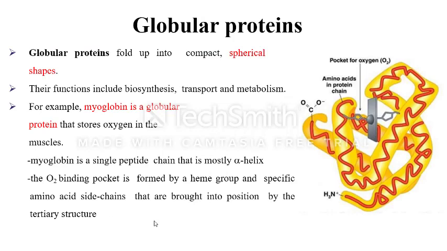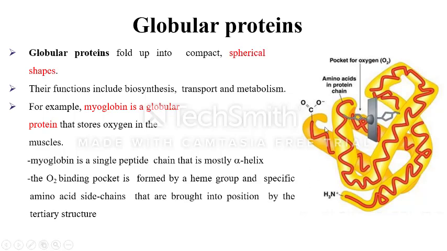So the globular proteins are basically a form of tertiary structure. The globular protein folds up into a compact spherical shape. Their functions include biosynthesis, transport, metabolism. For example, myoglobin is one of the globular proteins that stores oxygen in the muscle, and myoglobin is a single peptide chain.